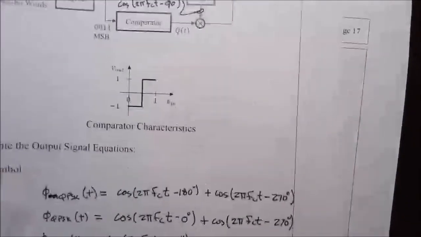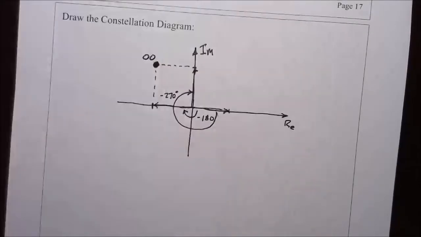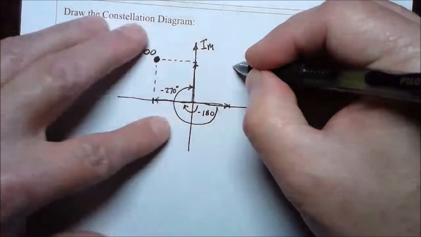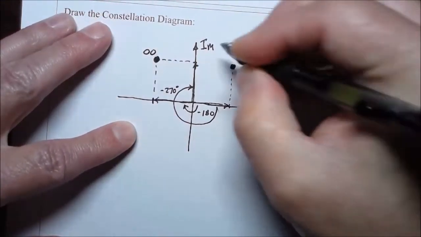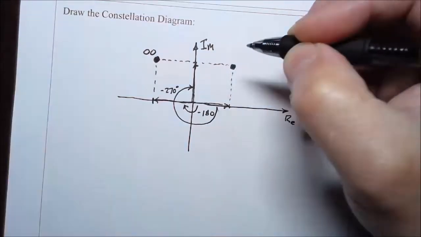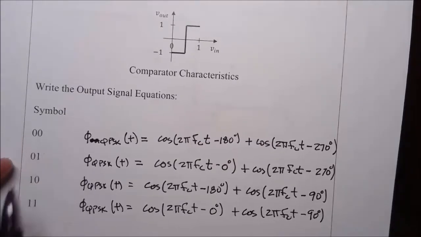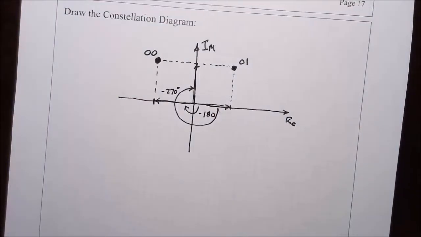And then again, we're adding to that 1 with an angle of minus 270. That's this phasor. And when we add these two together, we get this point in the constellation diagram. And that point corresponds to the input 0, 1. So this is for 0, 1.